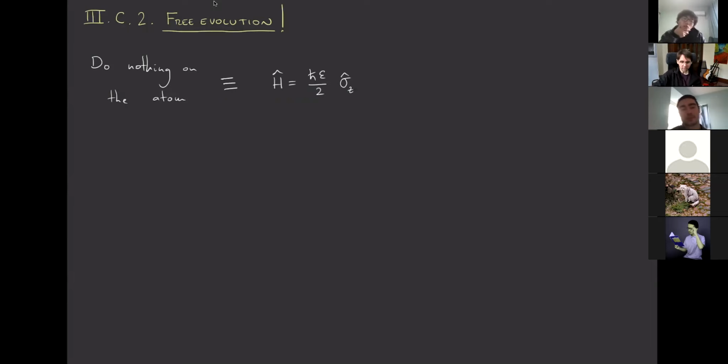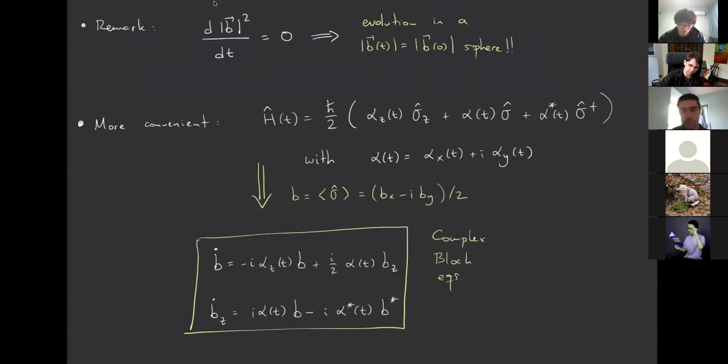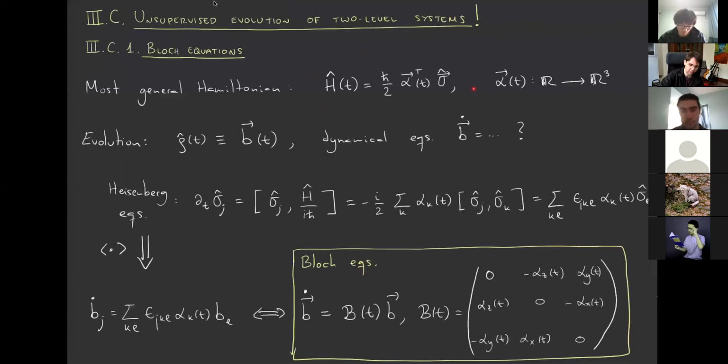Okay. So the question we are asking is, we prepare a superposition of ground and excited state, or in general, a mixed state of ground and excited state. And we just let the system evolve in time according to its own Hamiltonian. What will we find? Is it very trivial, a bit complicated? Well, this Hamiltonian has this form that we have written for a completely general Hamiltonian.